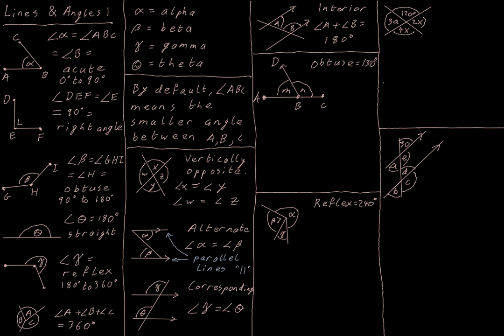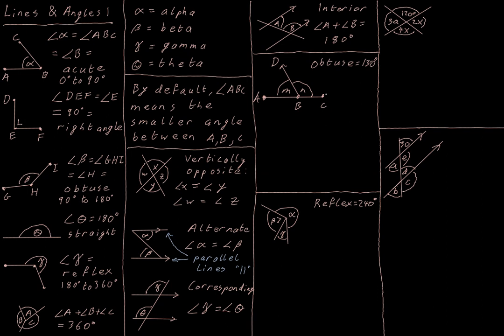Now, let's put these rules and these naming schemes into practice. So we want to find the angle M and the angle N. And the only information we're given is that the obtuse angle is 130 degrees. Well, the obtuse angle, I go back to my definitions and I say, well, the obtuse angle is between 90 and 180.